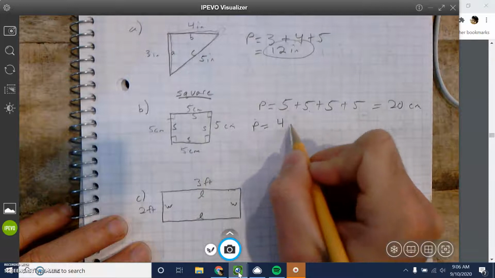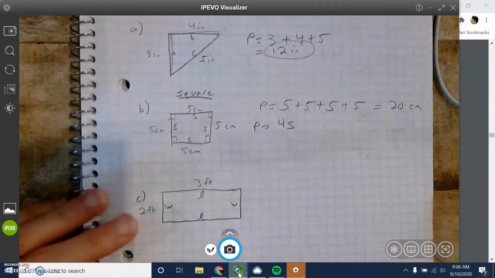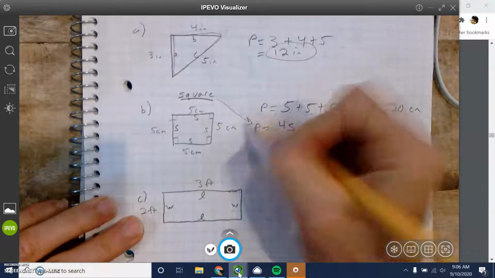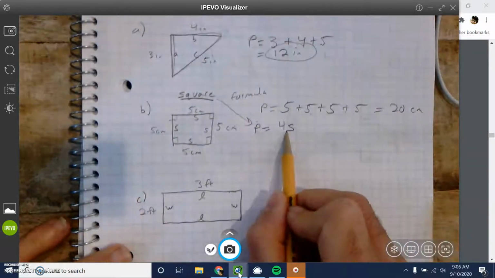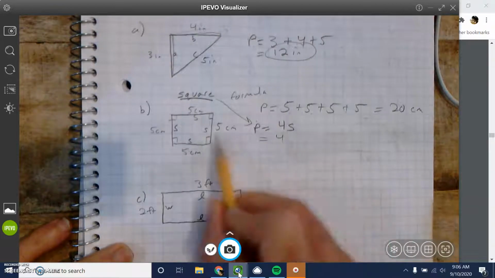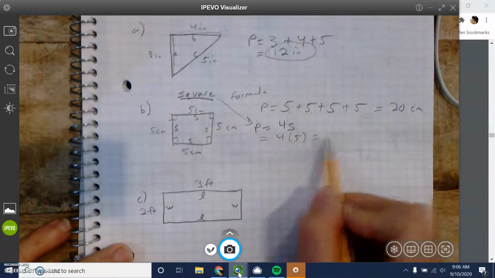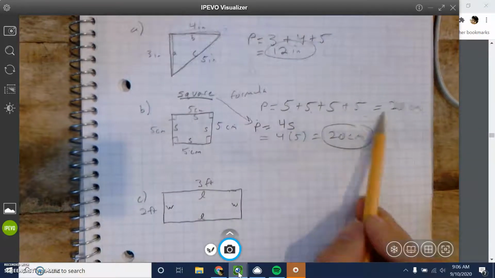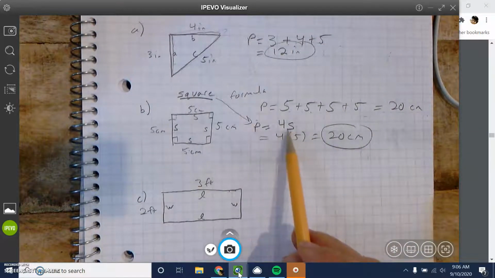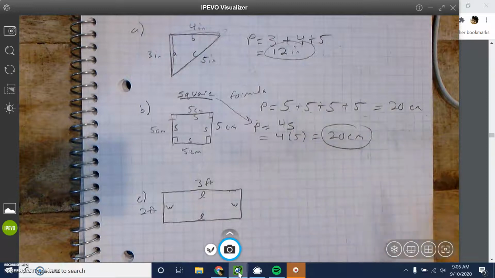Or you do 4 times the side. So with the square, there's a little special formula. You do 4 times the side, which is 4 times one of the sides is 5. 4 times 5 is also 20. So either way, you can just add up all the sides, or for a square, use the special formula, which is 4 times the side, which is the same thing you get.